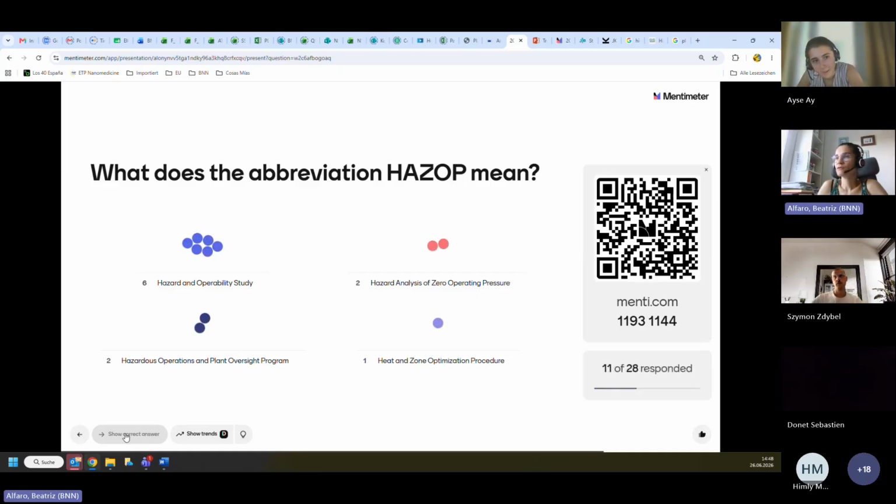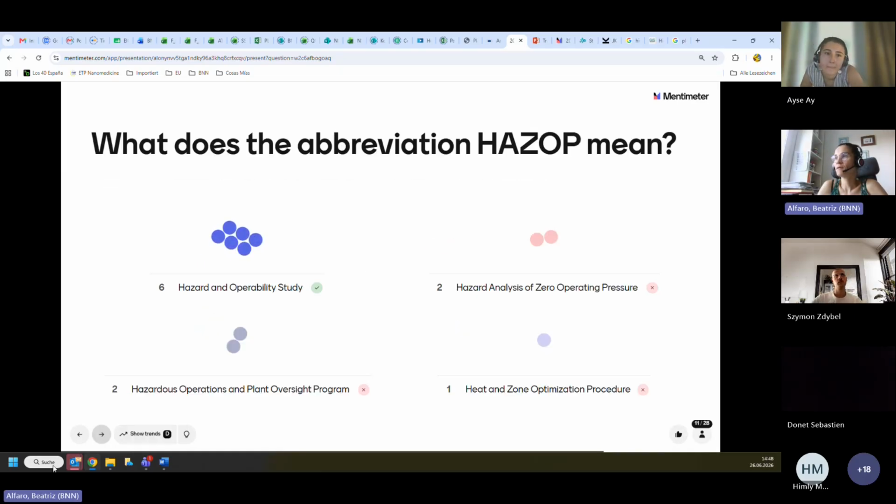Okay, I will show the correct answer. And yes, it is hazard and operability study. And if I don't mistake, I give you the word back, right, Isa?